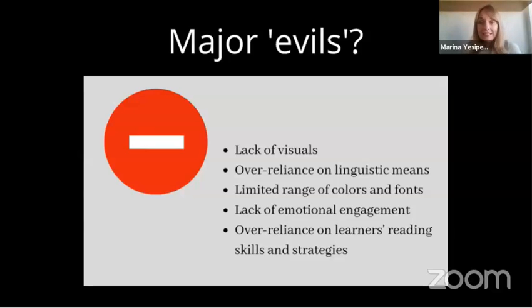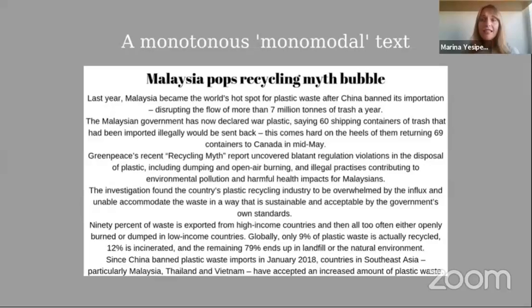Lack of emotional engagement as a result of it, because even this picture gives you a sense of emotional engagement that something is being banned or whatever. Over-reliance on learners' reading skills and strategies, right? So if the learner is unable to read effectively, for the academic exam and so on, he won't be able to interact with this text to a really essential extent.